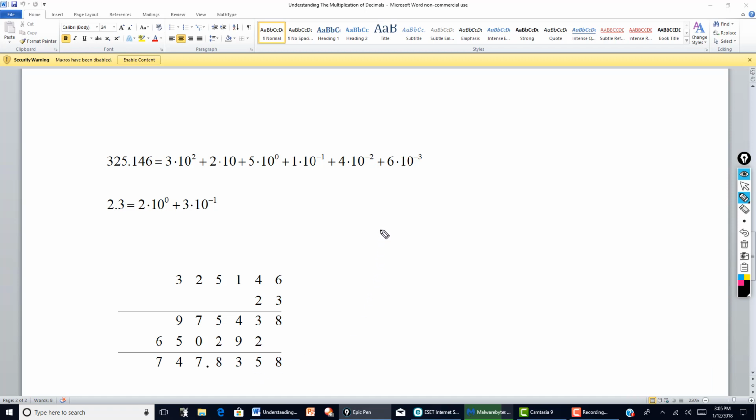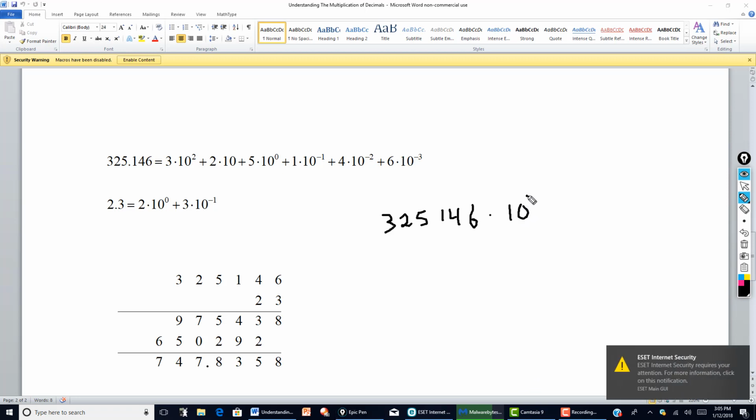And the reason it works that way is because, let me rewrite this, 325,146 times 10 to the negative 3.